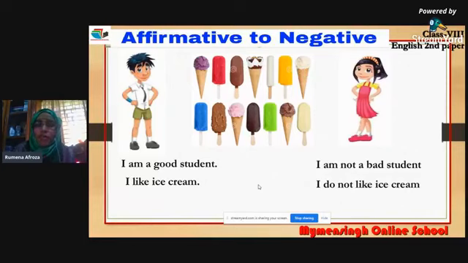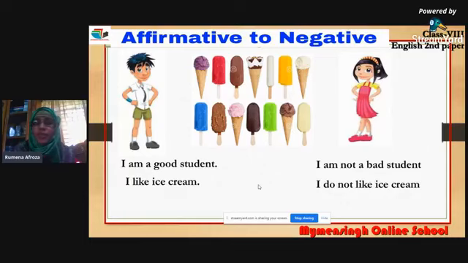So the second one is conversion, and the first one is transformation. Students, we are going to transform, actually change, sentences from affirmative to negative without changing the meaning, because in our question paper, in our exam, we have to change the sentences without changing the meaning.